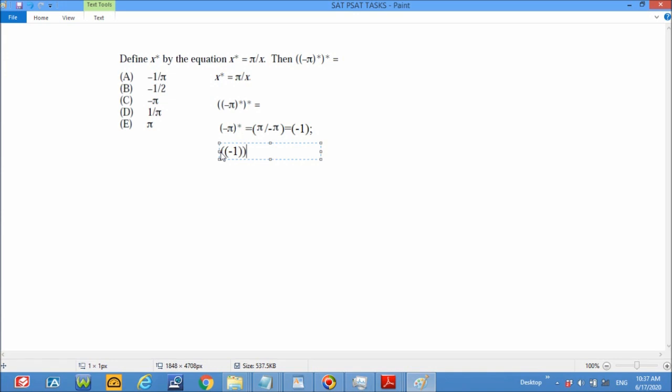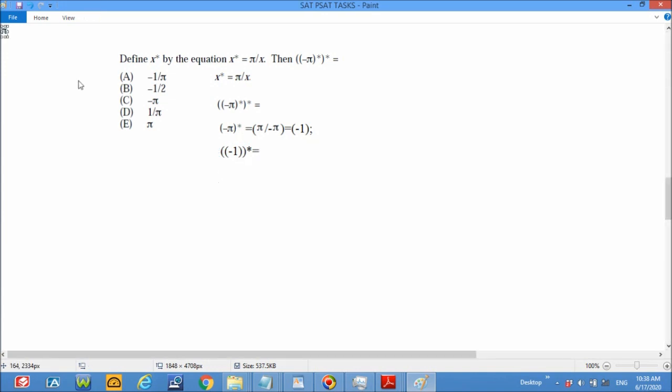Of course only one, because one star we already executed. So now we need the execution again. Execution is each time we divide P on the argument. And the argument here is minus 1.